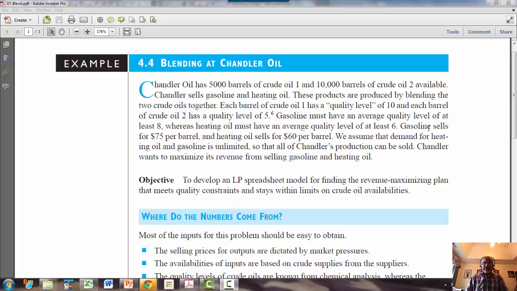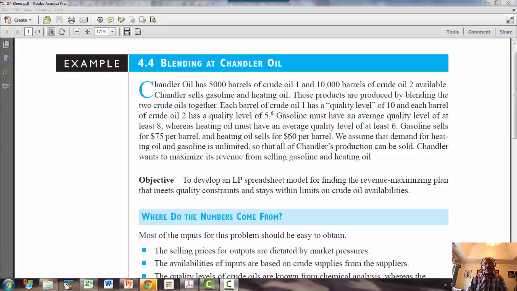Gasoline sells for $75 per barrel, and the quality level for gasoline must be at least 8 per barrel. So you mix the two crude oils in such proportion that the product you get out will have 8 quality points per barrel. For heating oil, the quality that comes out should be at least 6 quality points per barrel.